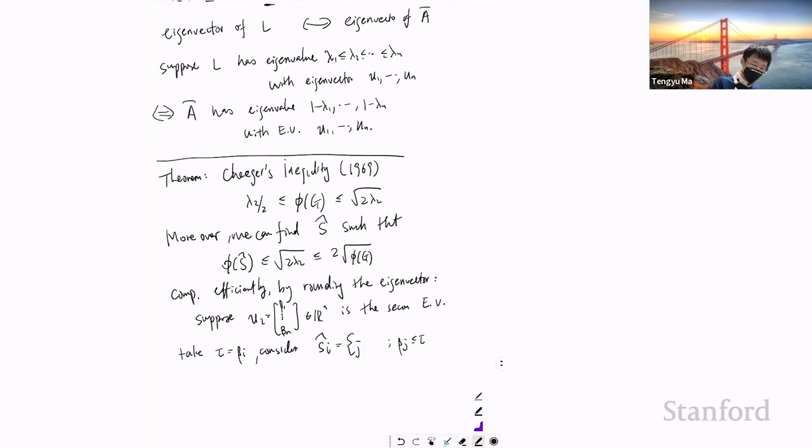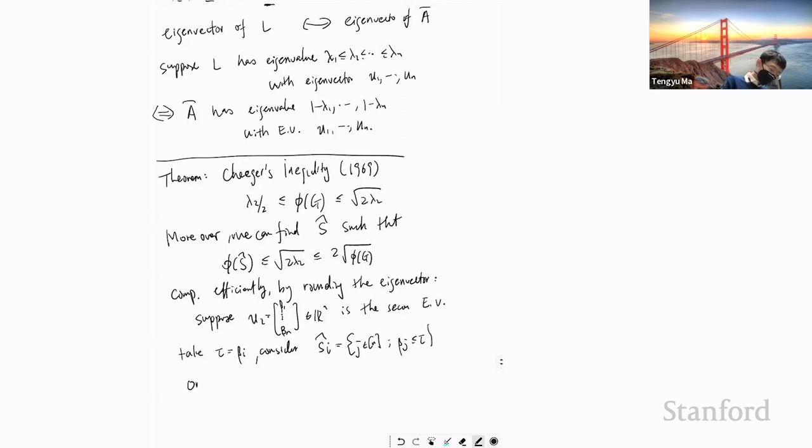You don't have to consider all possible thresholds. The threshold is chosen from one of these coordinates, and you look at all the coordinates that are smaller than this threshold, and that's your set S hat i.